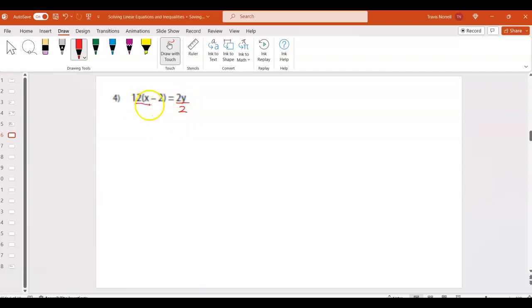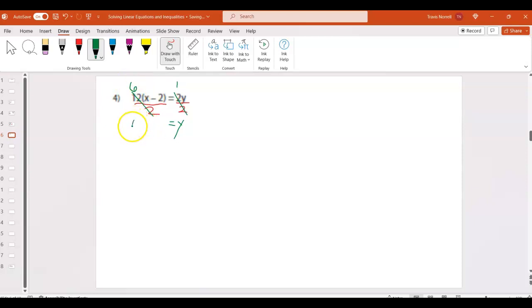If I do that to both sides, it's going to be real easy over here, because 2 will go into 2 one whole time, and that'll just leave me 1 times y is y, and 2 will go into 12 6 whole times.